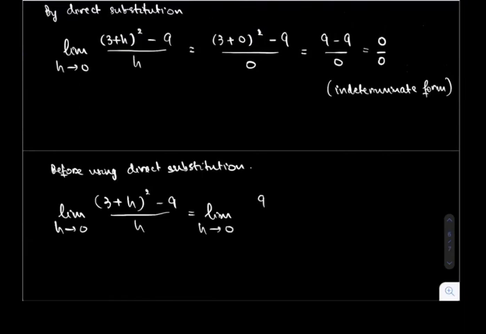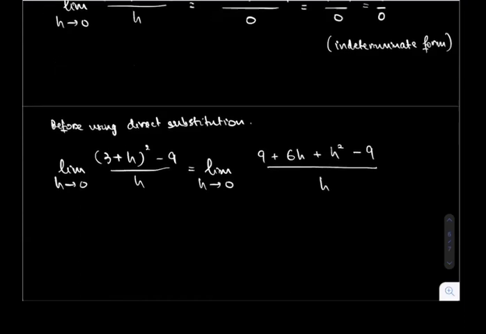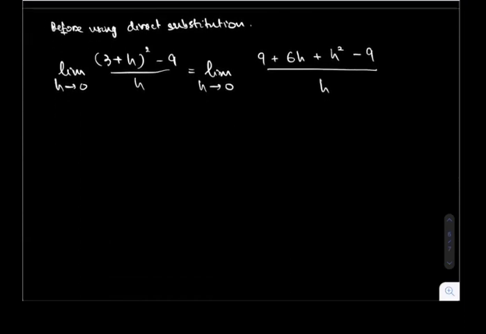And you get 9 plus 6h plus h squared minus 9, altogether divided by h. You see that 9 and negative 9 cancel out. You're left with limit as h approaches 0 of 6h plus h squared over h. And you can simplify further. On the numerator, you have h as the common factor.